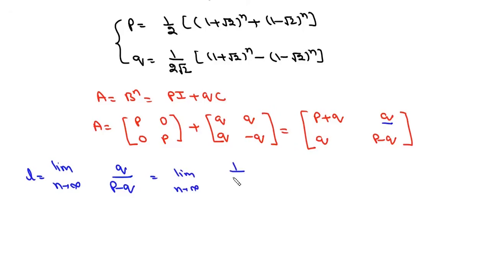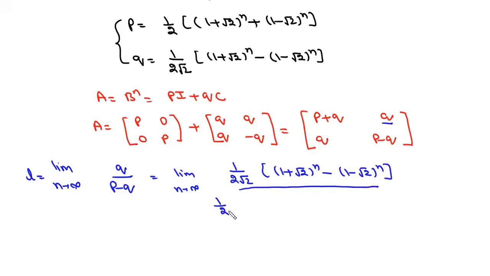Now Q is 1 upon 2 root 2 into (1 plus root 2) to the power n minus (1 minus root 2) to the power n, whole divided by P minus Q. And P minus Q will be 1 by 2 into (1 plus root 2) to the power n plus (1 minus root 2) to the power n, minus 1 upon 2 root 2 into (1 plus root 2) to the power n minus (1 minus root 2) to the power n.